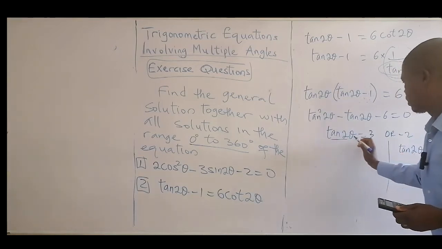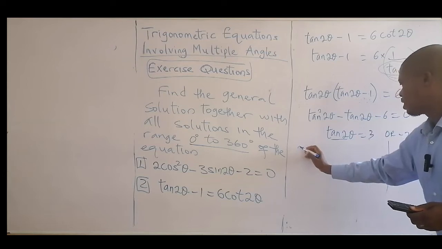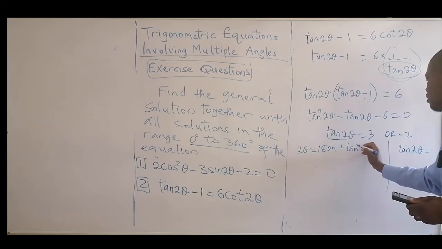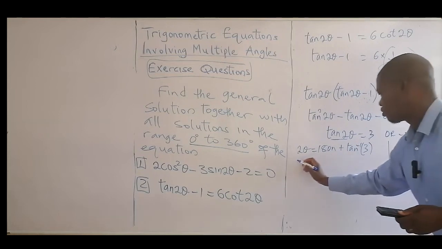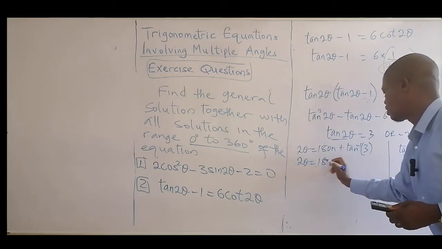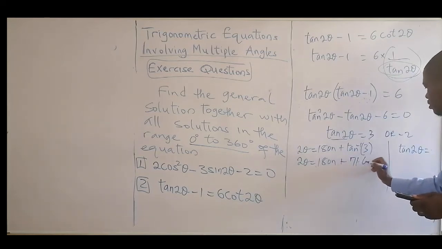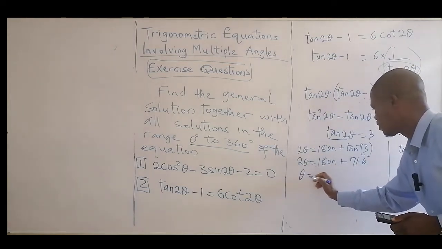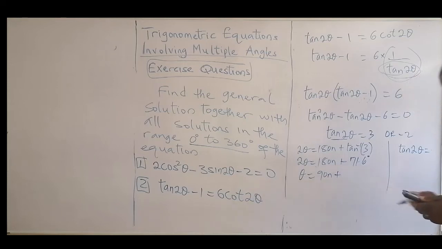The general solution for tan 2 theta equal to 3 is 2 theta equal to 180n plus arctan 3, which is 71.6 degrees. Then you divide the equation by 2. You have theta equal to 90n plus 35.8.